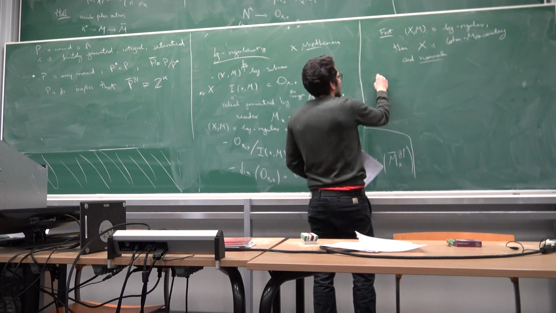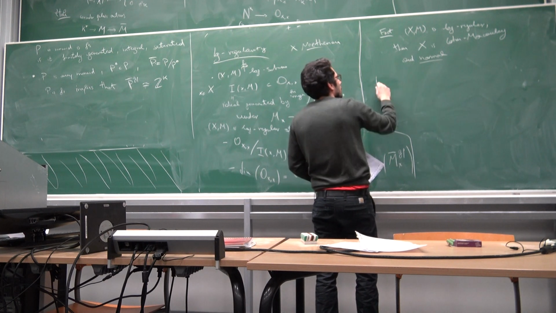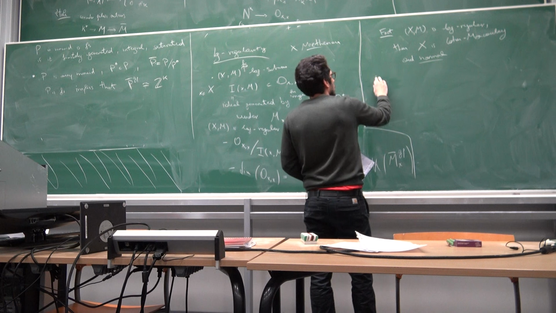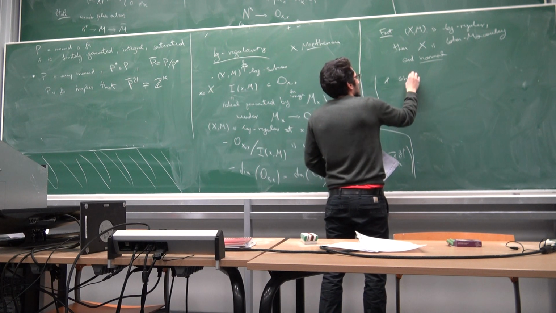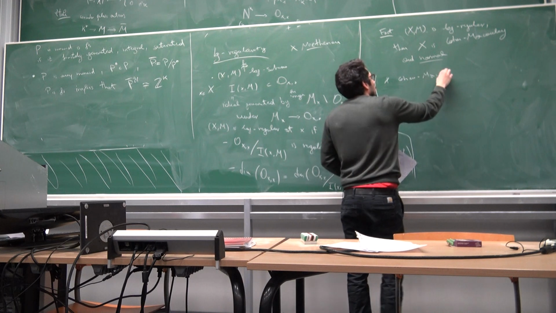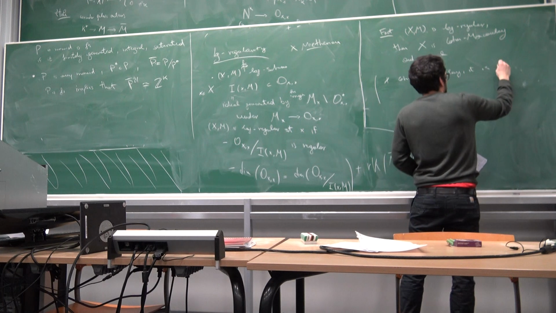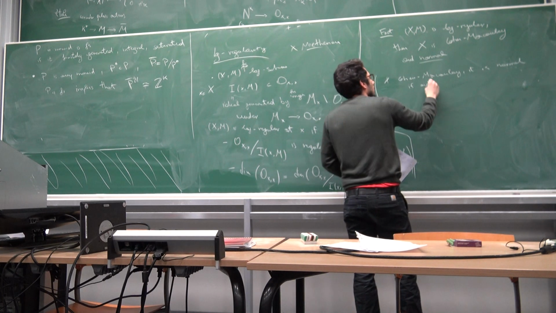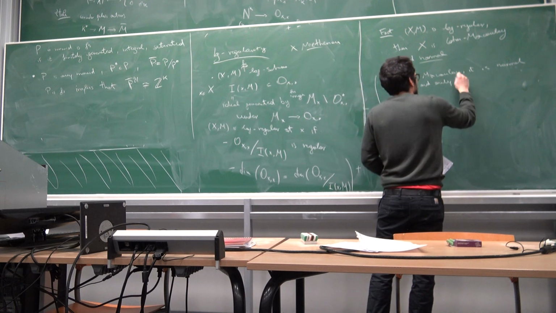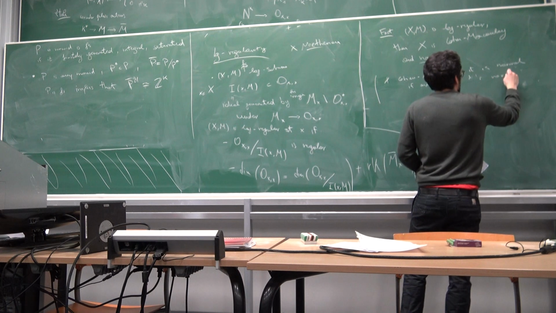But to see, assume that we know that it is Cohen-Macaulay, and then we can easily prove normal, because X is normal if and only if it's normal in dimension 1.